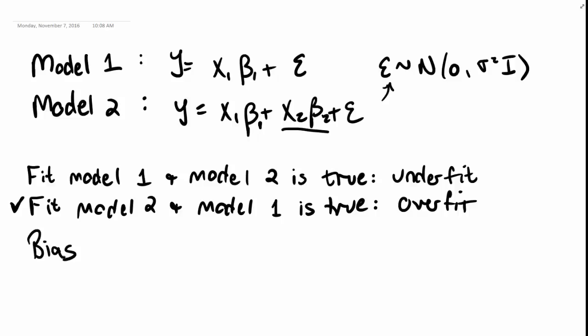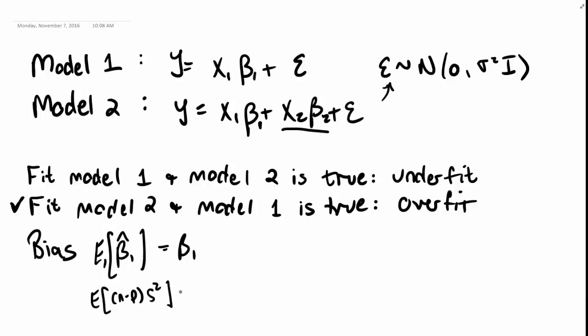Okay, so I think I can argue with no mathematics that the expected value of our beta 1 hat under model 1, where beta 1 hat was fit under model 2, should just be beta 1, and that the expected value of our s squared, our residual variance estimate, is just sigma squared, where n minus p, p is the total number of parameters, p1 plus p2.